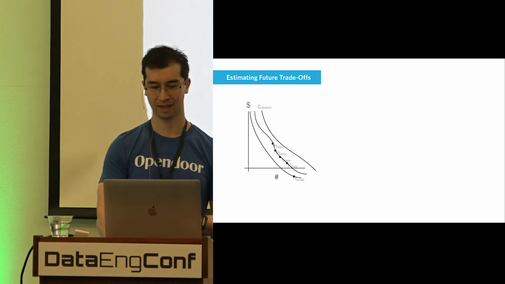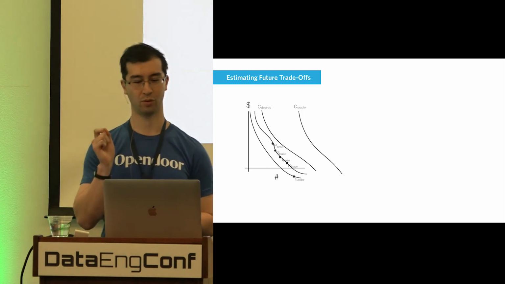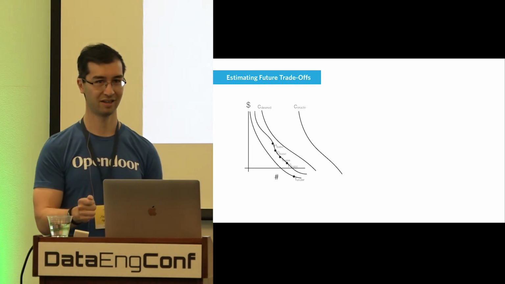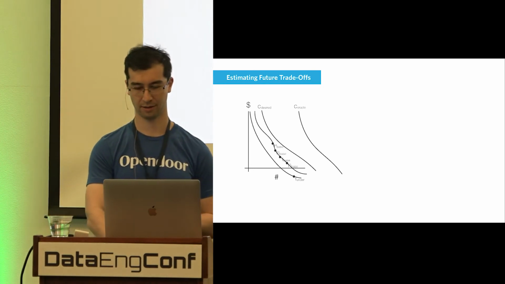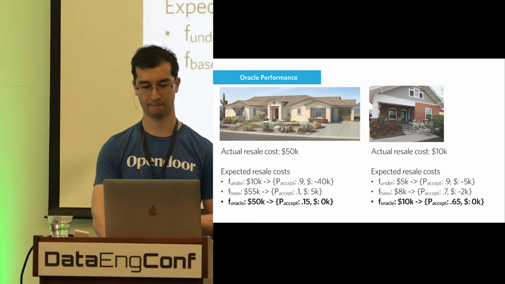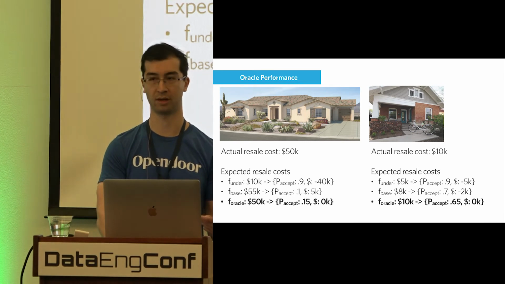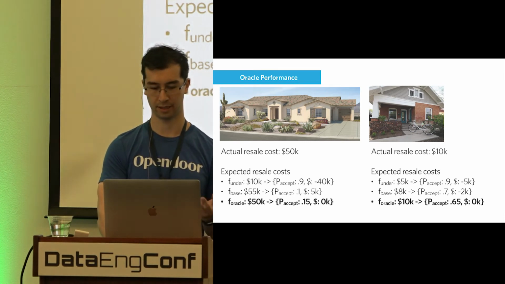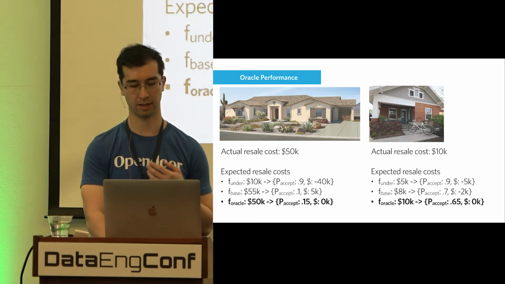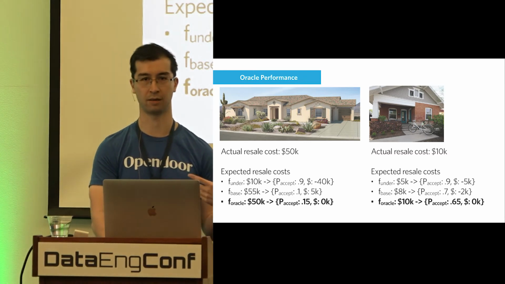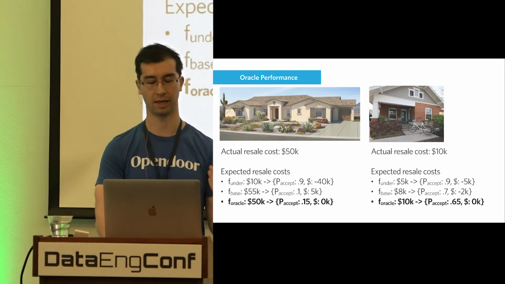So there's a thing that you can do that's kind of cool with the simulation framework. You write down the performance of a perfect model, and the way you do that is, in our house example, this is the actual resale cost we experienced. A perfect model would know that ahead of time, so it would estimate $50,000, and it does. And that admits the two metric measurements, the conversion probability and then profit.